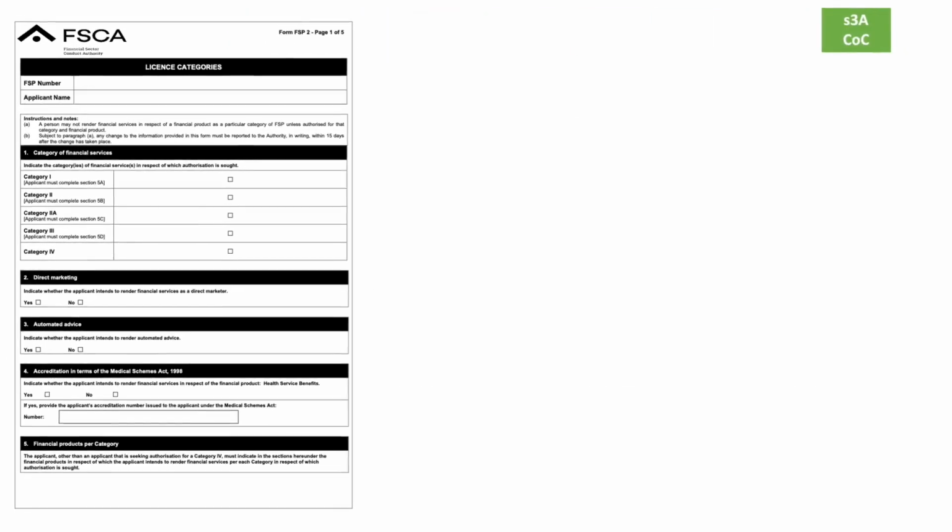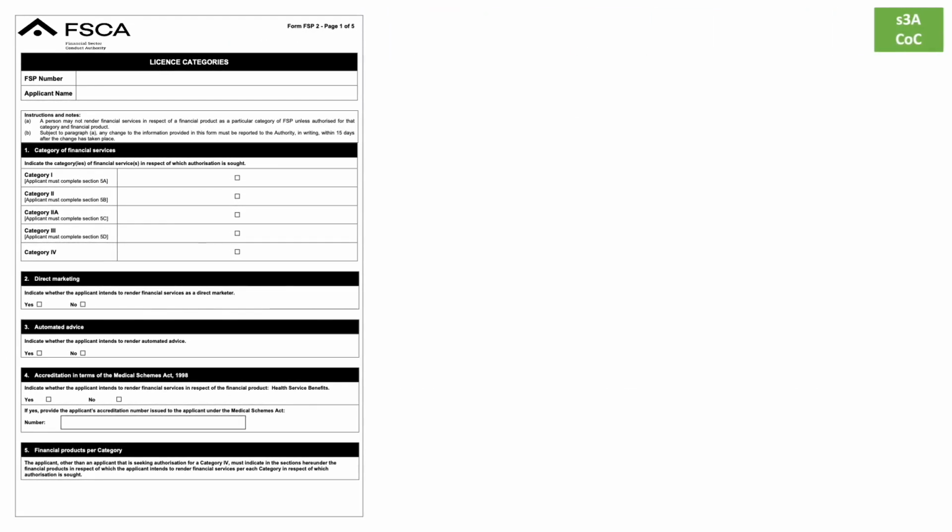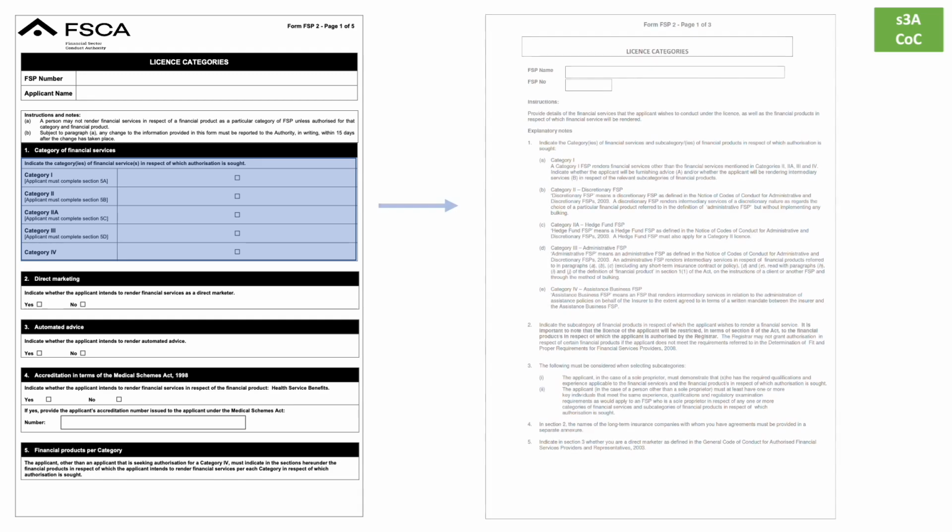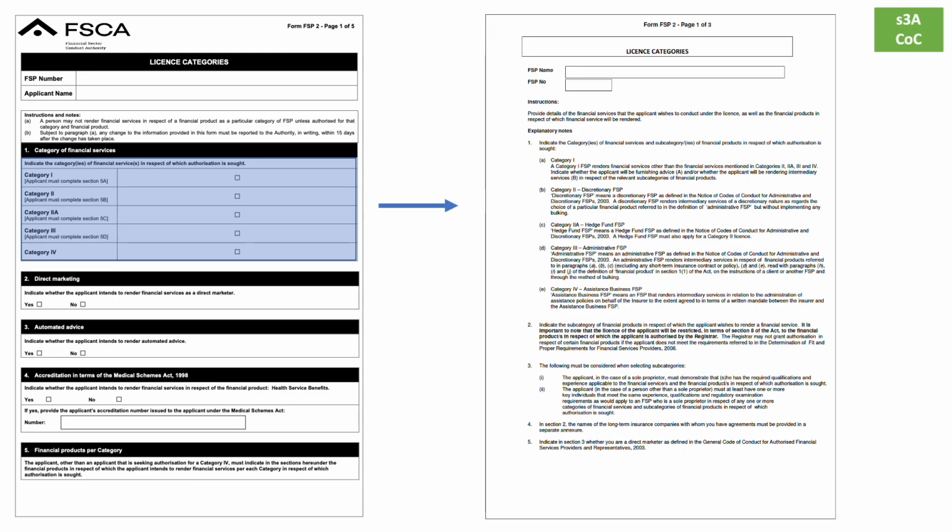Here we can see there are 5 types of license categories: Category 1, 2, 2A, 3, and 4. In the newest version of the FSP2 form, there is no description of the categories. Therefore, we can have a look at the previous version of the form for these descriptions.